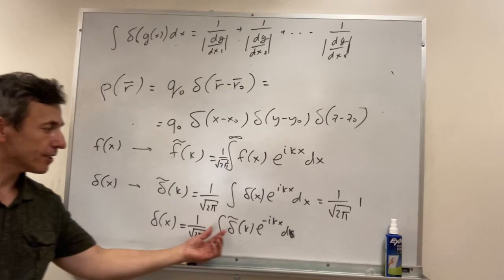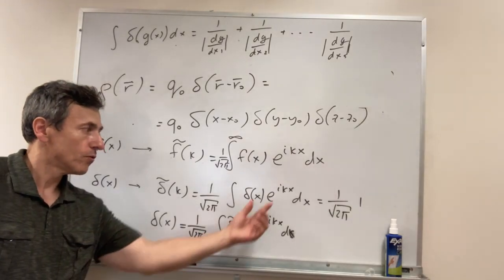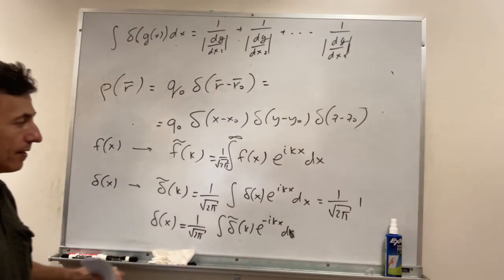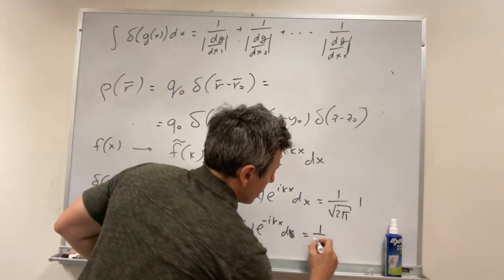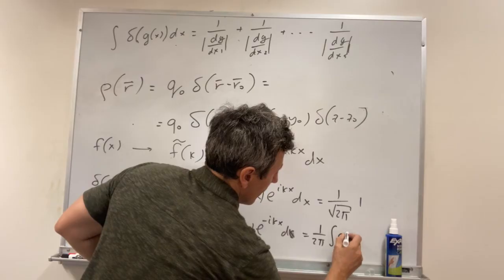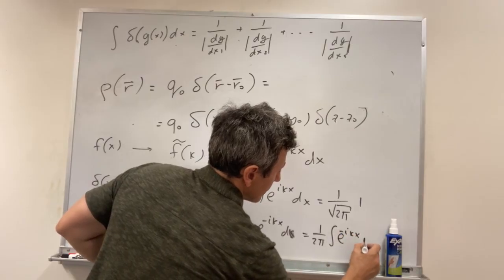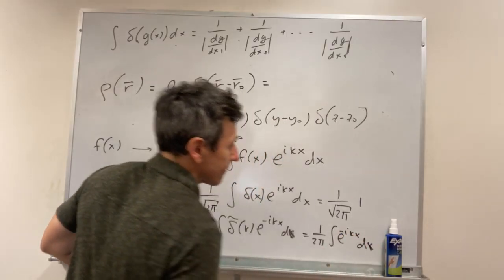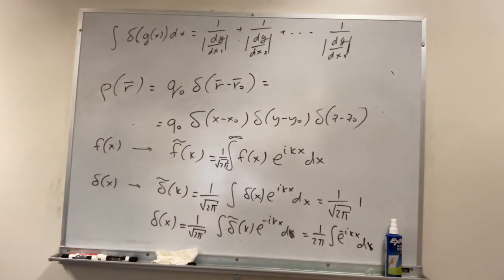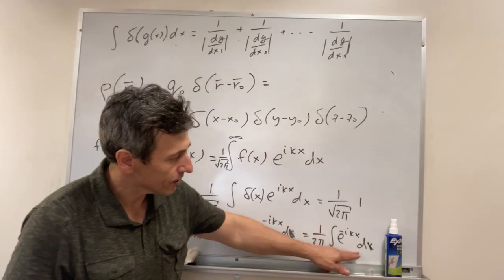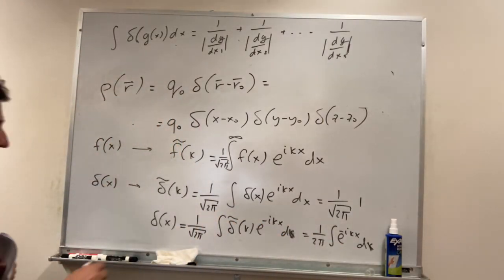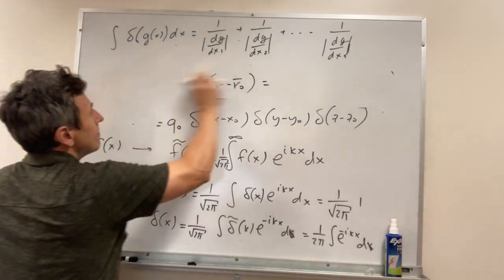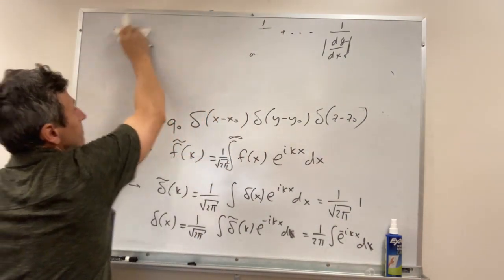If you substitute the Fourier transform, which is 1 divided by square root of 2 pi, you get the following identity: 1 divided by 2 pi, integral of exponent negative i k x, dk. It's an interesting representation of the delta function in terms of an integral. When we calculate the integral of this exponential function over k, it produces the delta function of x. It's a very non-trivial property.